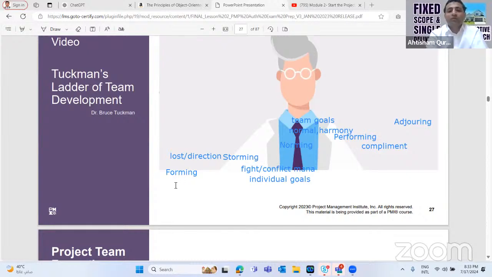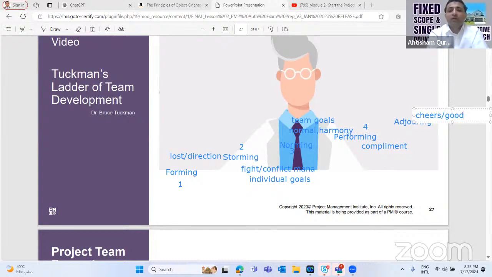So what was the first one? The first one was forming. The second one was storming. The third one was norming. The fourth one was performing, and the fifth stage is adjourning, where we say goodbye and we celebrate, cheers, and we say goodbye to each other.